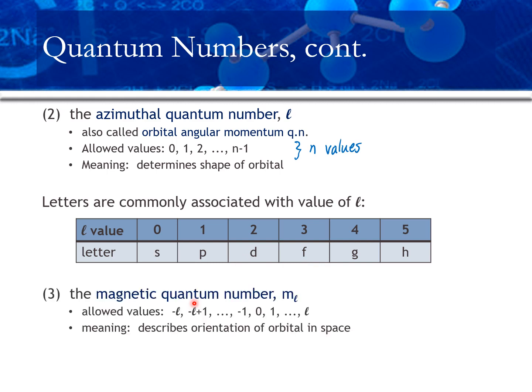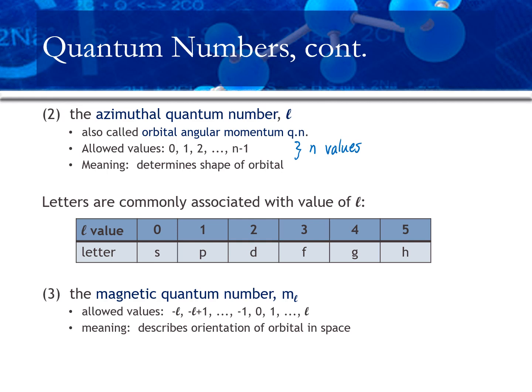Finally, the third quantum number, m sub L, is called the magnetic quantum number. As the name suggests, it does have to do with magnetic properties of materials. The allowed values depend on the value of L, the azimuthal quantum number. So for a given L, m sub L can range from minus L up to positive L in unit increments. So for example, if L is 1, then m sub L can only be minus 1, 0, or 1.